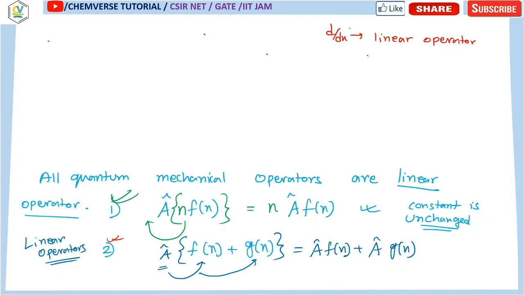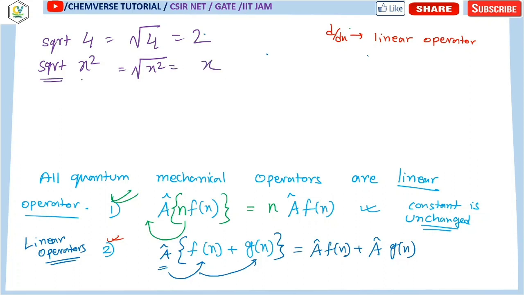Now suppose I am taking the square root operator. That means if I operate square root over 4, it is basically root of 4, which will be 2. Now if I operate square root over a function x square, then it will be root of x square, which will be basically x. Now if I multiply this x square with some constant 3, our new function is 3x square. Now we are operating the square root operator over here. So it is not possible to separate this constant outside, and in this way I cannot write it down.